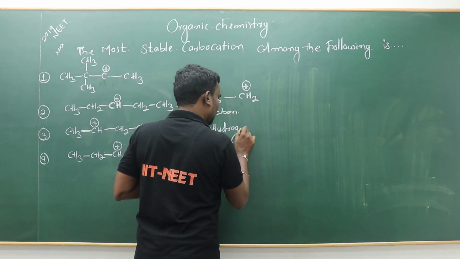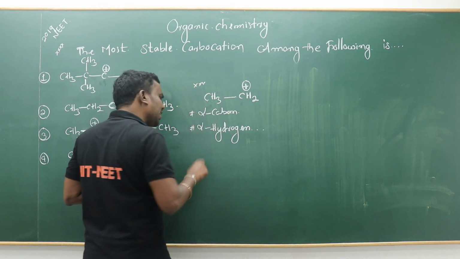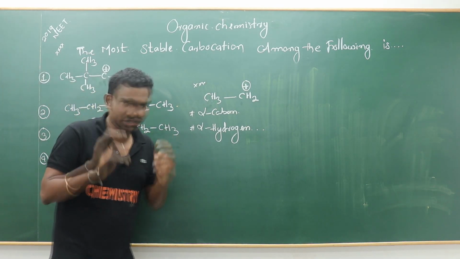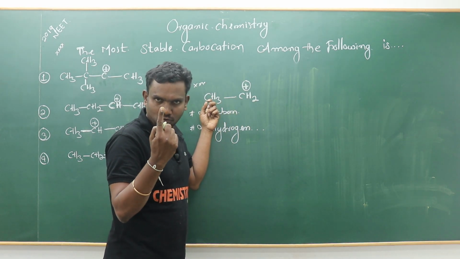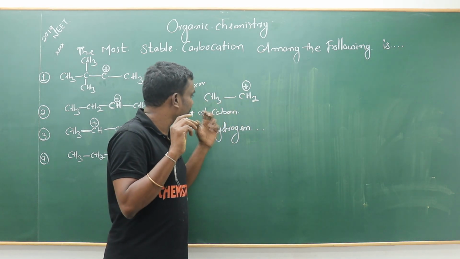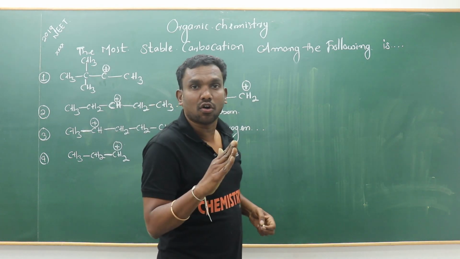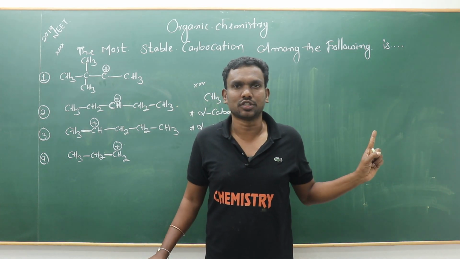Alpha hydrogens. Carefully, 30 seconds, my dear. We will do this answer in 30 seconds. Carbocation beside carbon is alpha carbon. Alpha carbon contains alpha hydrogens. If more number of alpha hydrogens is present, that is more stable. That's all.